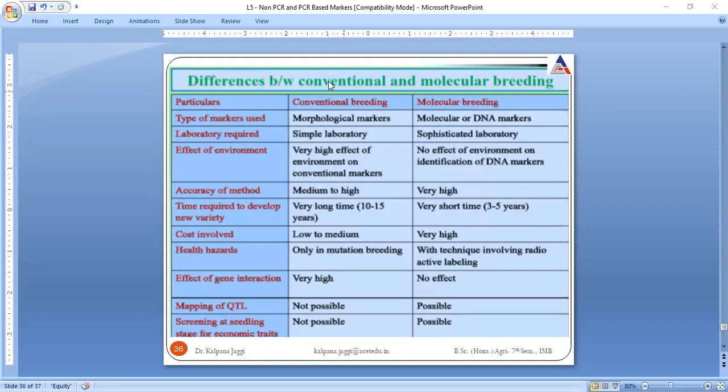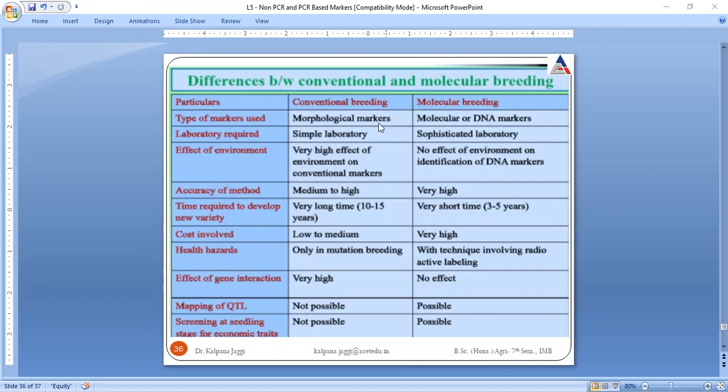So in breeding you are based only on the morphological features, that means the phenotypical features. But here the recognition is revealed through the differences that are taking place at the DNA level. And you know, all is the game of DNA only. When we talk about molecular biology, agriculture, breeding, all the concepts revolve around the genetic content only.